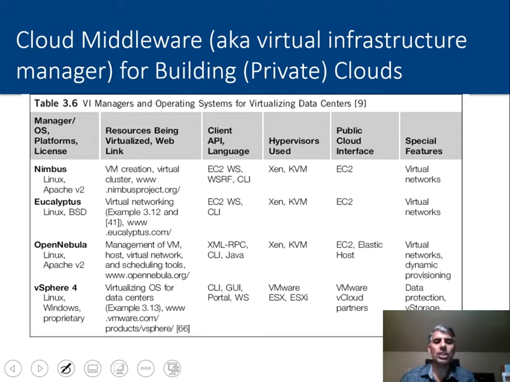The industrial ones are mostly not open source, so that's why we do not discuss them extensively here. Eucalyptus was an interesting platform that was active at some point. I guess it is still active, but at that point it was more active. The goal of it was creating compatibility with Amazon cloud services.